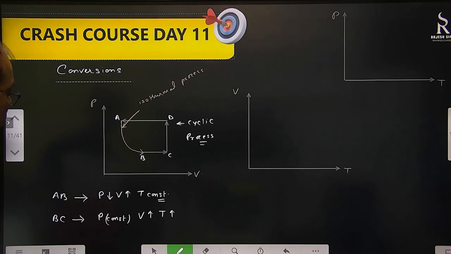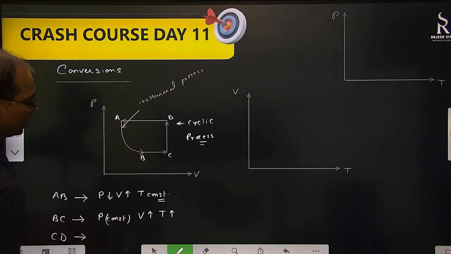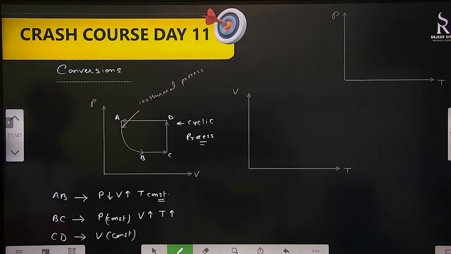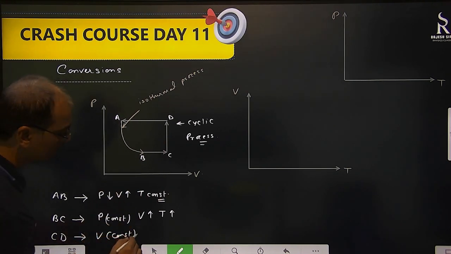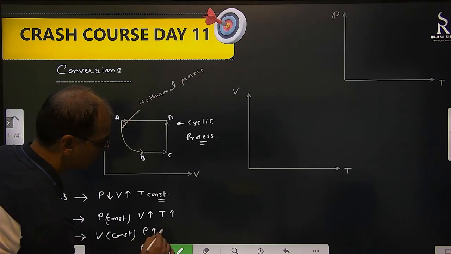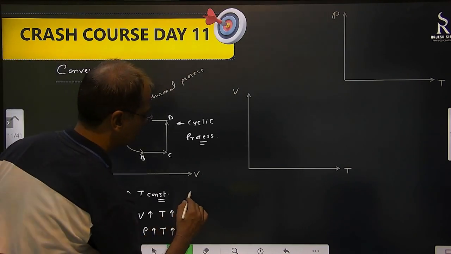Okay, what about CD? Process CD says volume is constant, V constant. Then pressure increasing means temperature also has to increase. Then DA, the final process.